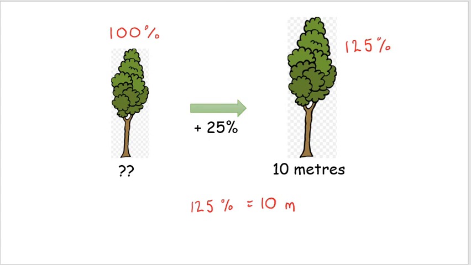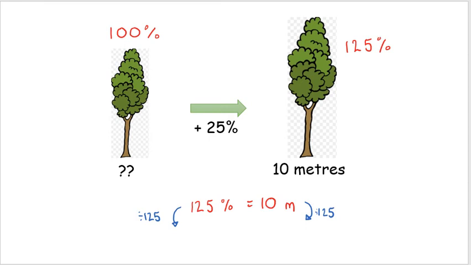So we need a slightly different way of doing this. Now, a nice way is to go down to 1% first. So if I know 125% is 10, based on what we did before, we can divide both sides of this ratio, or this equation, by 125. And that will tell me what 1% represents. For these questions, in general, you'll be given a calculator to do this, so feel free to sit with your calculator and go through this.